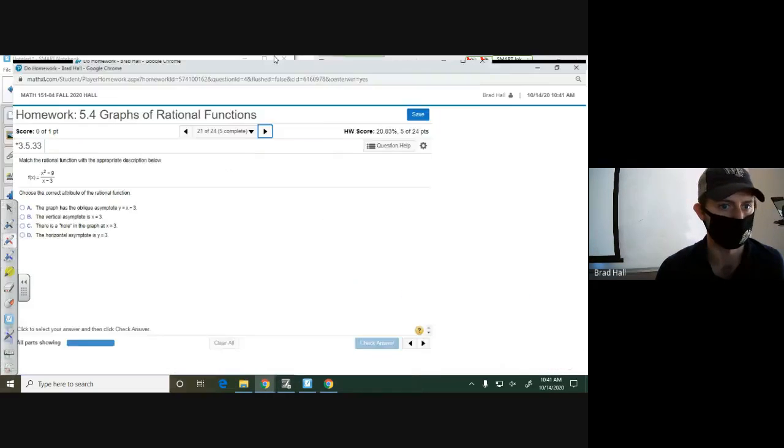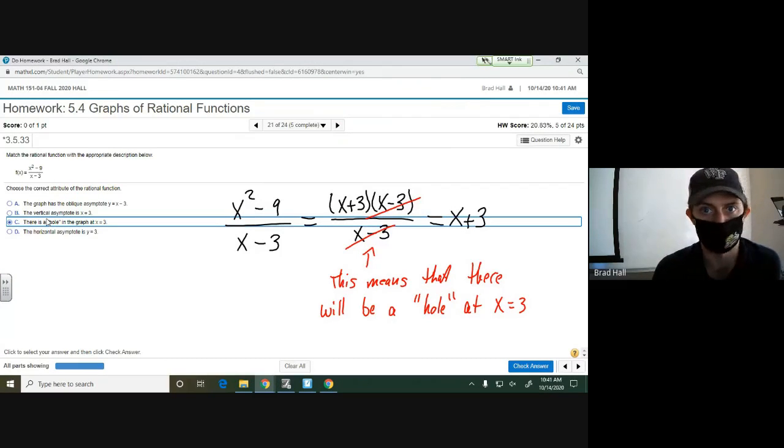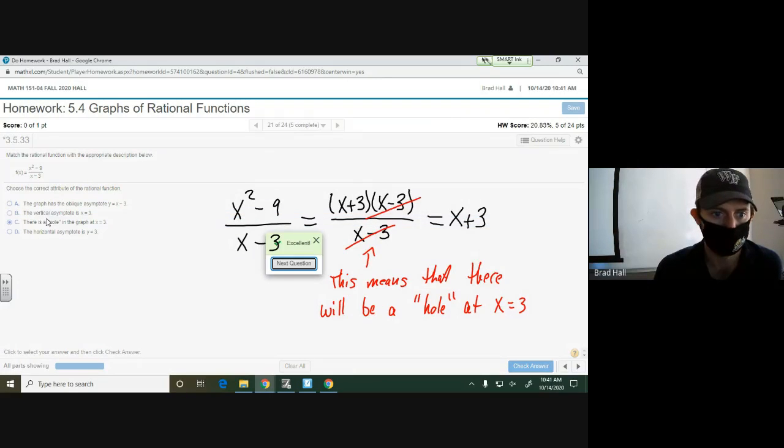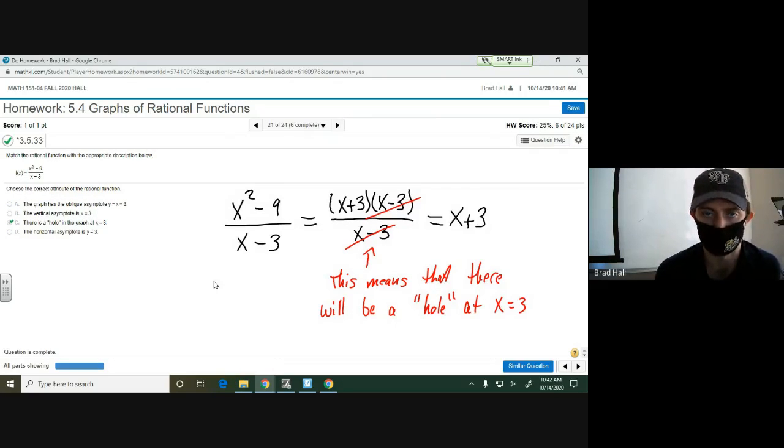We haven't really seen that before, but that's what this cancellation implies, which means it is not a vertical asymptote whenever you can cancel out one of them. So I wanted to make sure everyone was aware of that nuance.